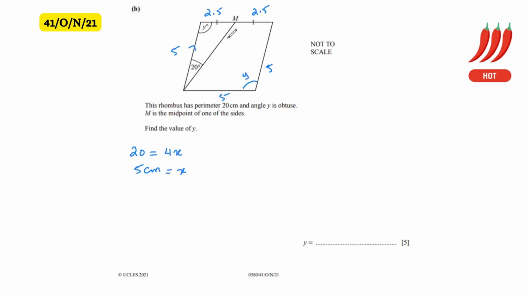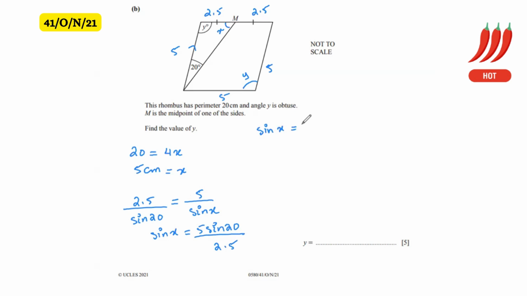So if we call this angle x over here, 2.5 over sine of 20 equals 5 over sine of angle x. So sine of angle x equals 5 times sine of 20 over 2.5.